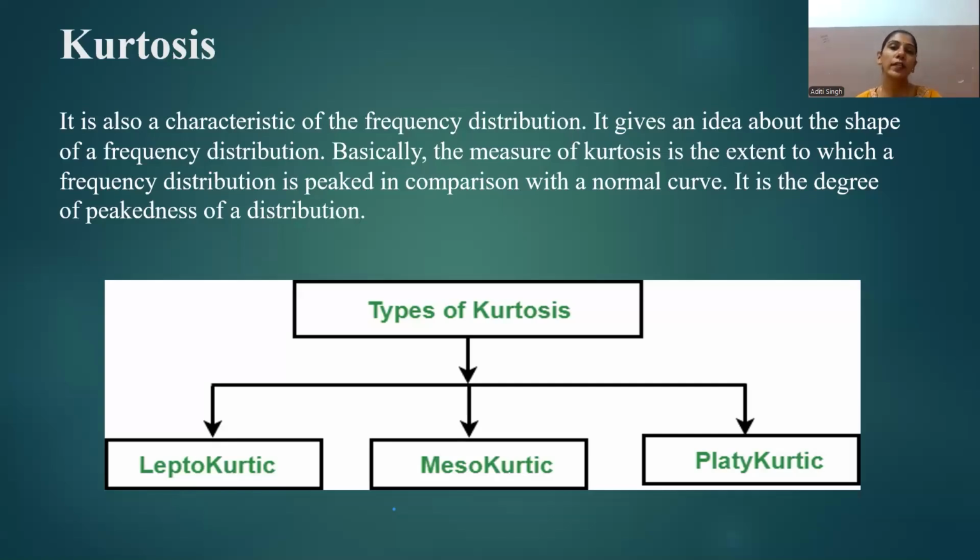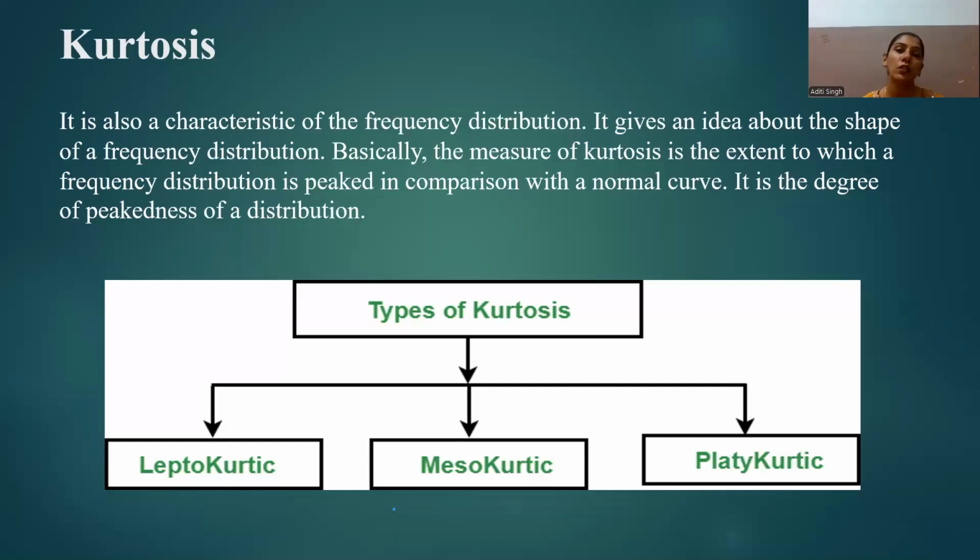Okay, so the plotted data that are farther from the mean of the data usually form the tail on each side of the curve. So basically, kurtosis indicates how much data resides in the tail. It is also a characteristic of frequency distribution. It gives an idea about the shape of the frequency distribution.